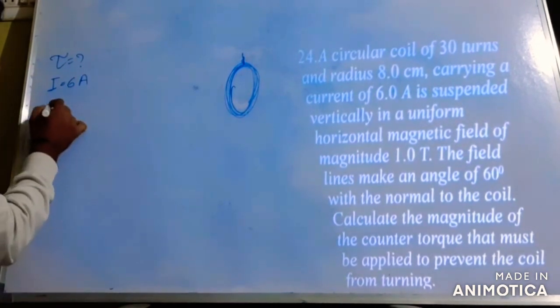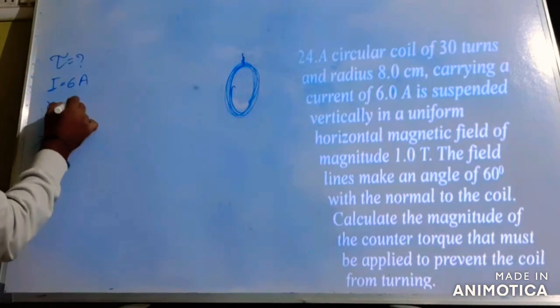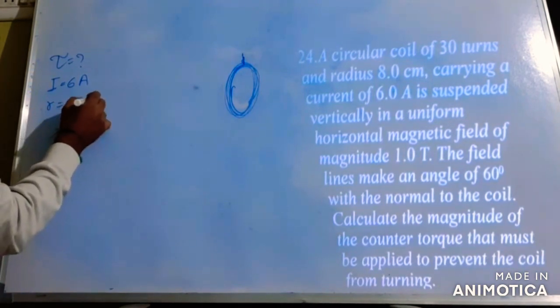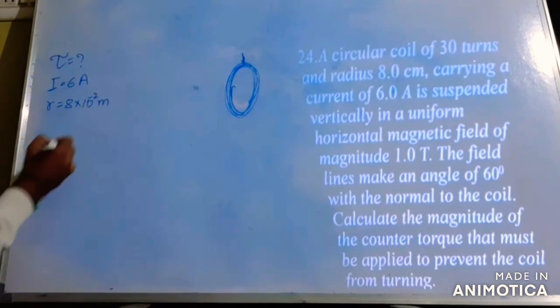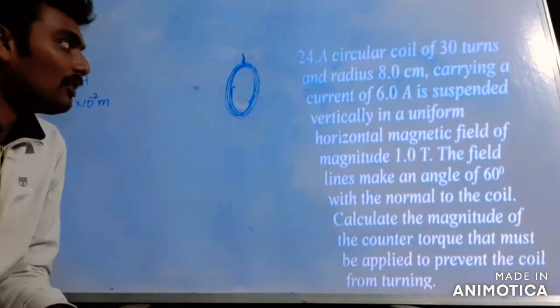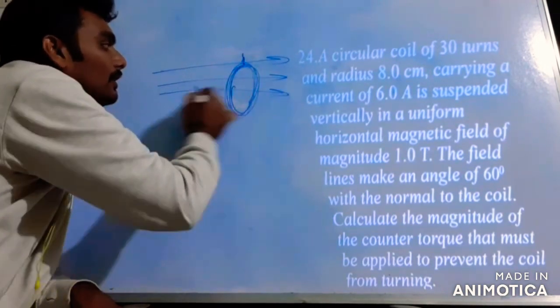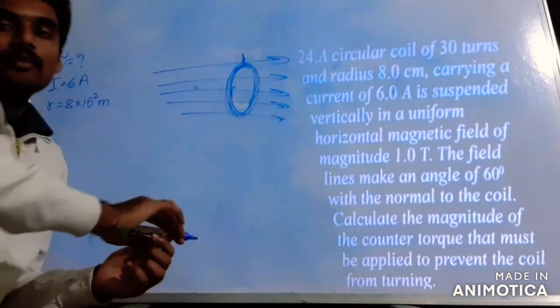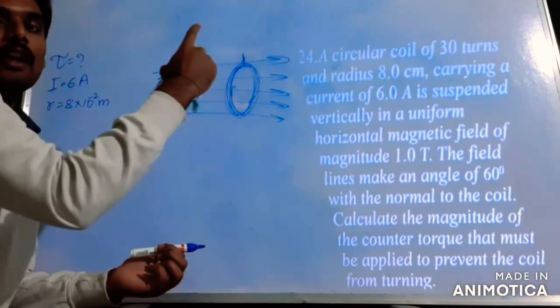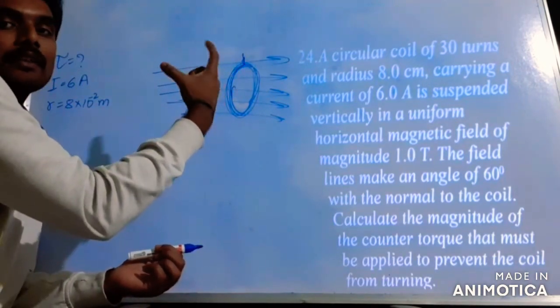Radius of the coil is also given. Radius of the coil is 8 centimeter, 8 into 10 to the power of minus 2 meter, and it's suspended in a uniform horizontal magnetic field. The magnetic field is horizontal like this, and the coil can be kept like this, anyhow.